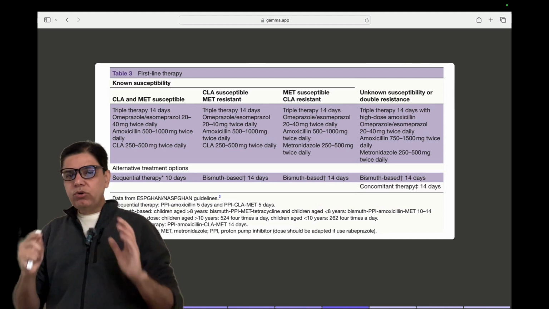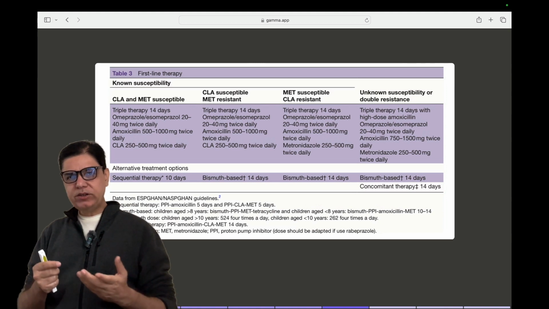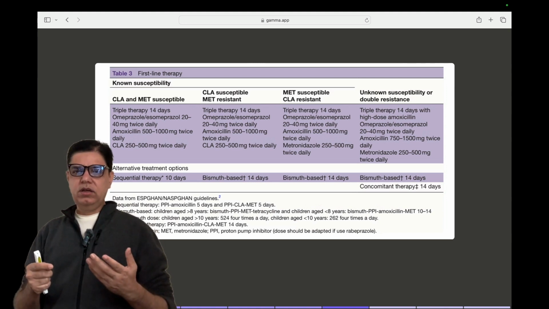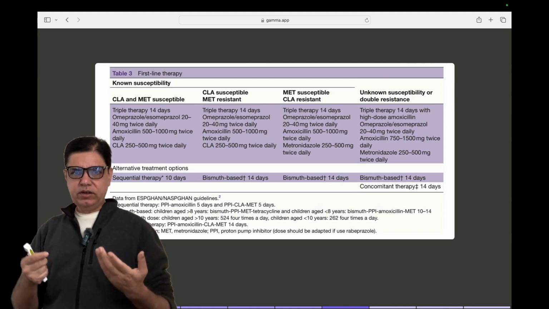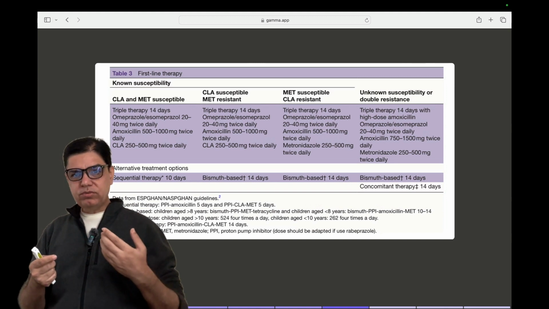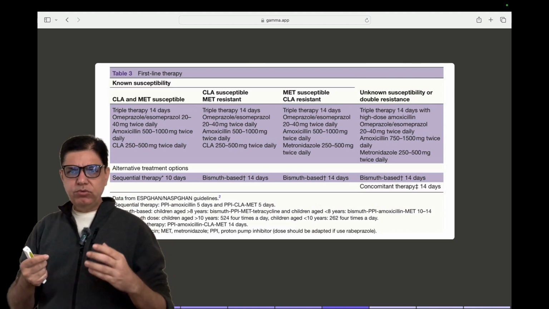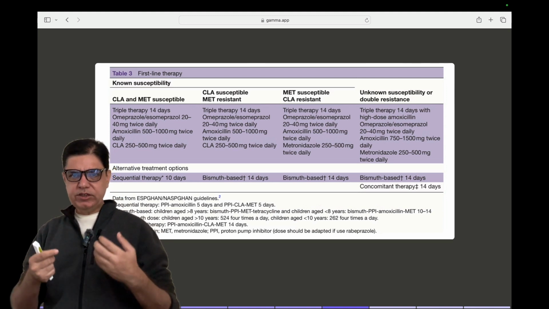Where you don't know, where the research doesn't tell you the susceptibility of the organism, or you think that there might be double resistance, where the organism is resistant to both clarithromycin and metronidazole, then you have to give them these medications in high doses.